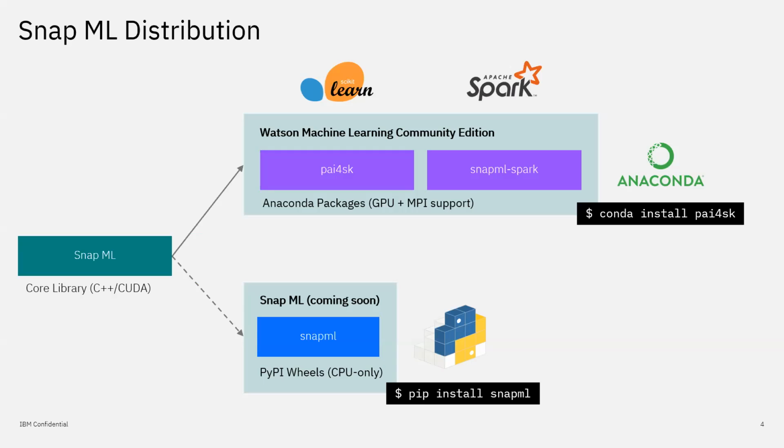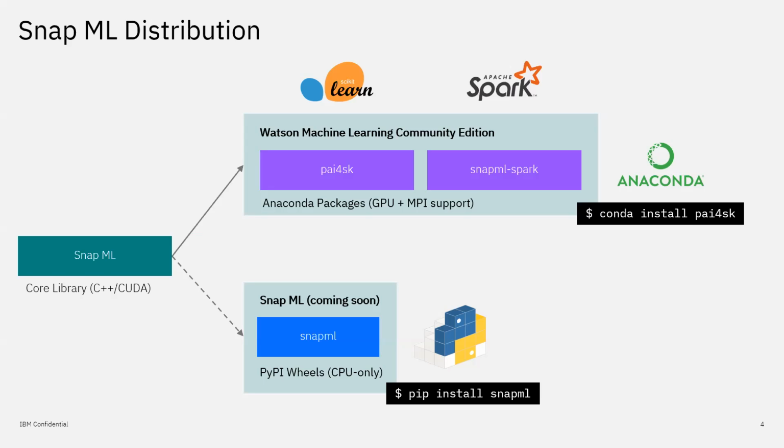Okay, so I'm going to start by talking a bit about how SnapML is distributed and how it's available today. As Haris already mentioned, the core library is written in C++ and CUDA. And then we package that up into various different packages that the user can install. Firstly, at the top here, we have the Watson Machine Learning Community Edition distribution. This is a set of Anaconda packages with GPU as well as MPI support.